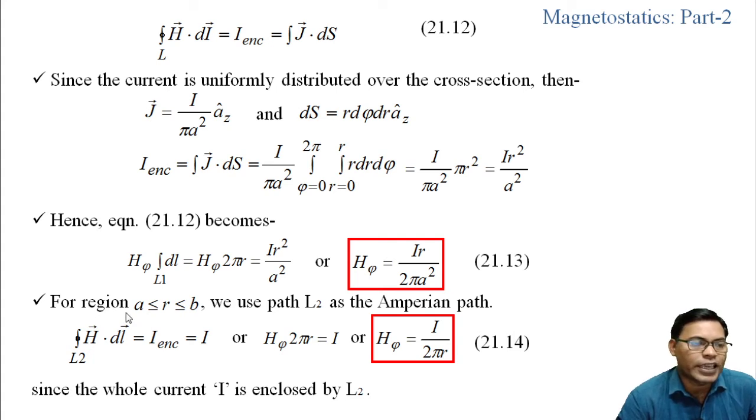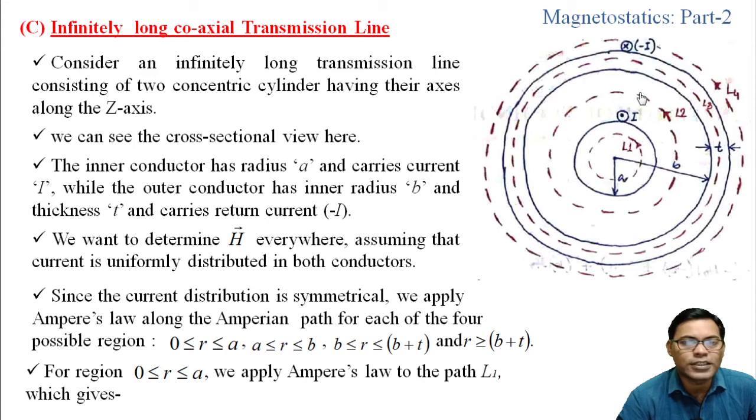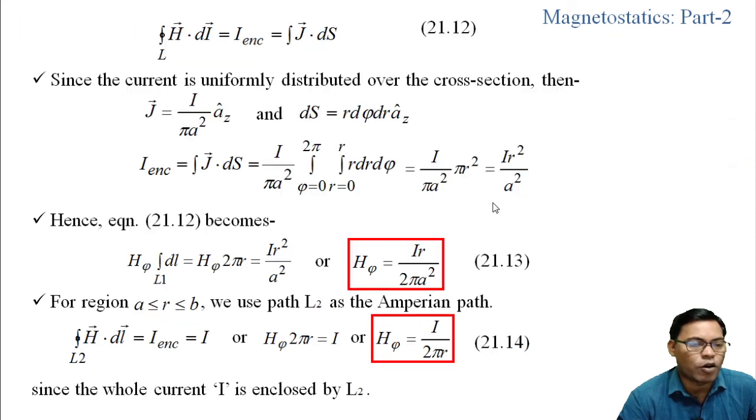Now for the second case, that is a less than or equal to r less than or equal to b, we are going to use the Amperian path L2. Here you see this is the L2 path. Ampere's law again is the line integral of H dot dl equals I enclosed.